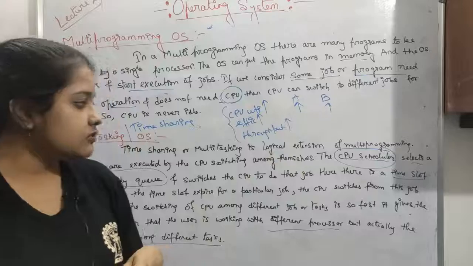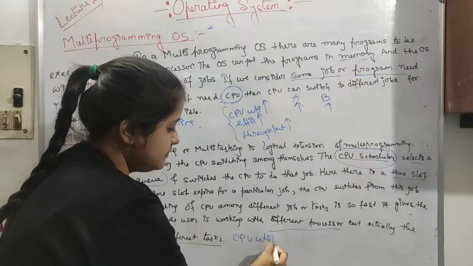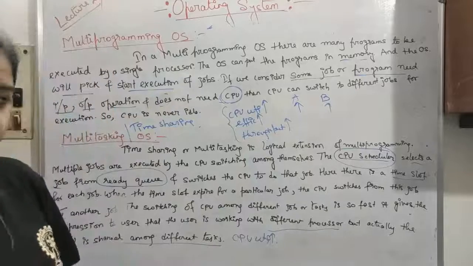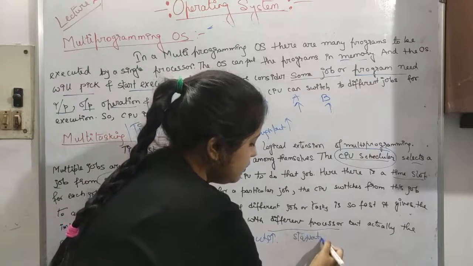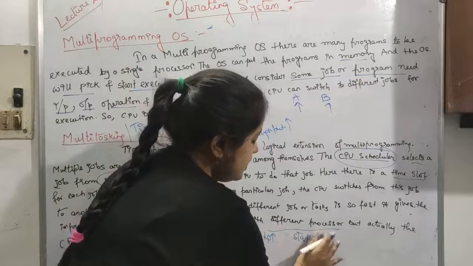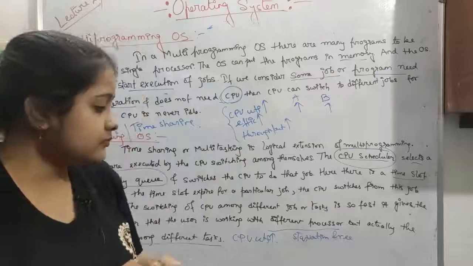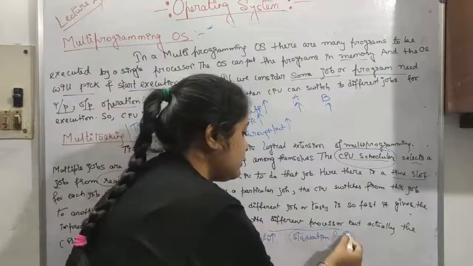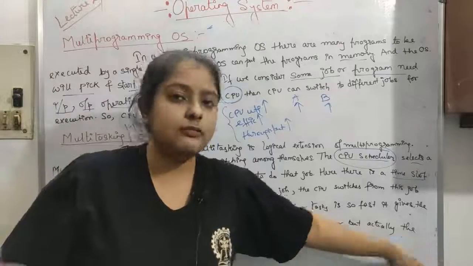Again, CPU utilization is very good here. And another thing, it is starvation free. Starvation and everything we will go into in great detail, but for now you can see that since it is switching from one job to another, one job is not eating up all the time.